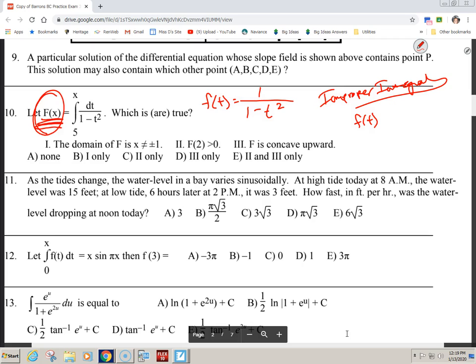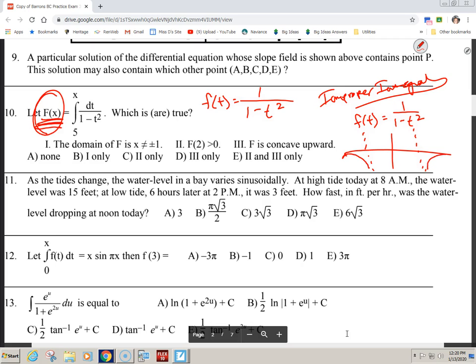The point is to see which of these are true. f of t is 1 over 1 minus t squared, which has roughly, with me doing some approximation techniques, little f, not capital F, vertical asymptotes at 1 or negative 1. They both have horizontal asymptotes going to 0 because going to positive or negative infinity, the bottom wins. And if I plug in t is 2 or t is negative 2, they're all negative values.